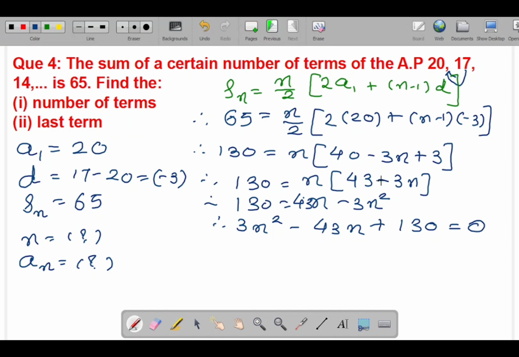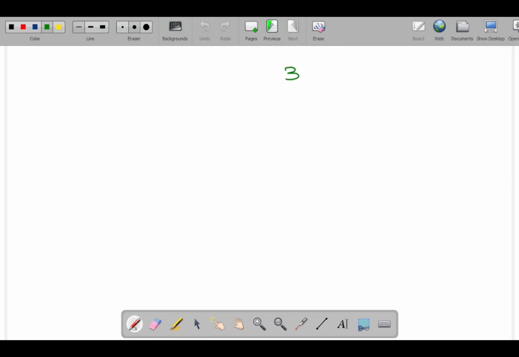Here, how do we factorize? 130 into 3, so we will have 390. Here for you, I am solving this. 390, we have to factorize. So let's start with 2. 2 1s are 2, 2 9s are 18, and 2 5s are 10.